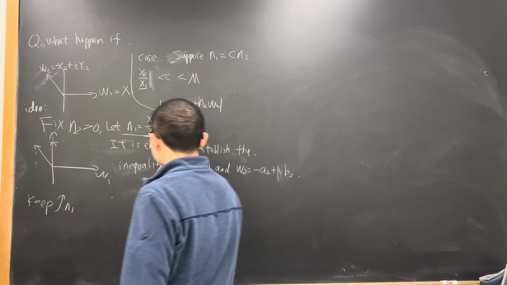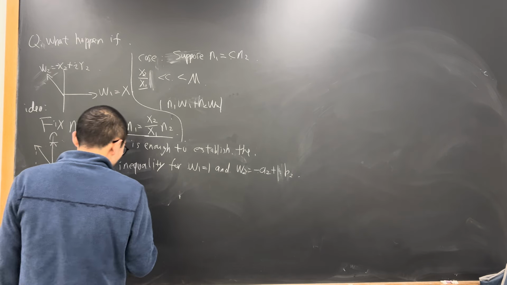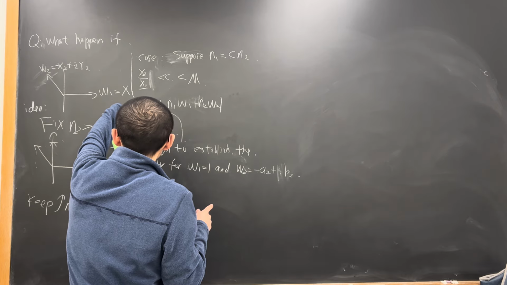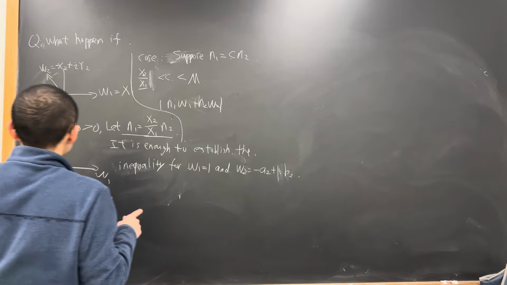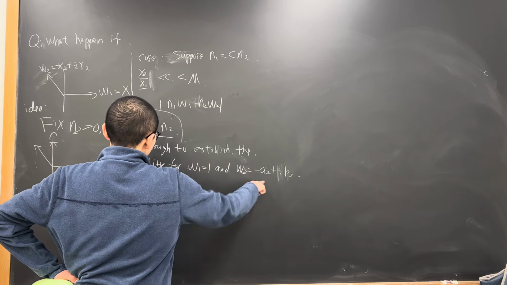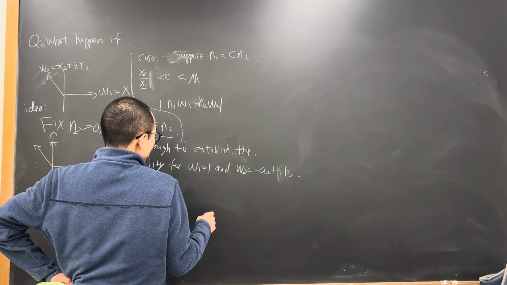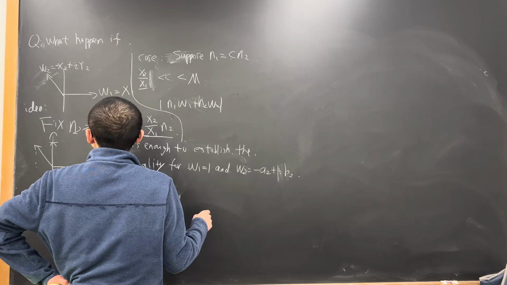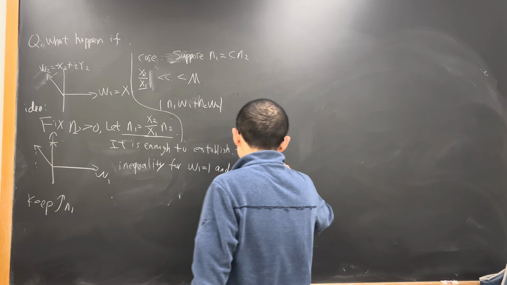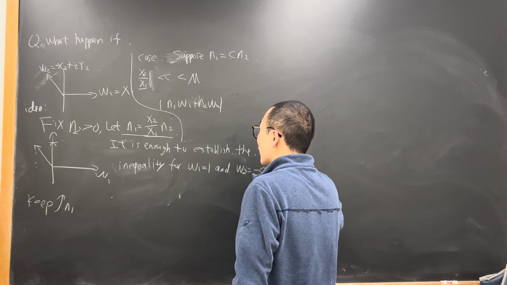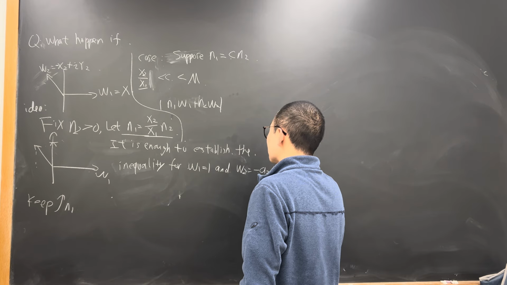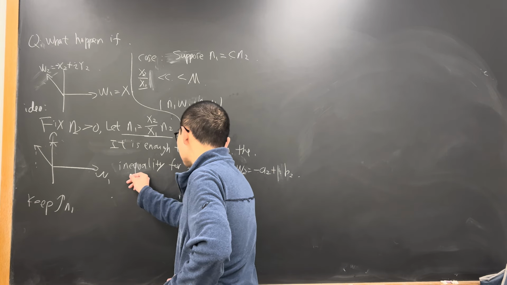Okay, because if we establish this inequality, then for the general case, because this W2 is arbitrary, we just let this A2 be x2 over x1.